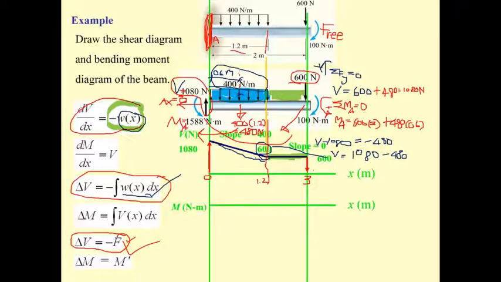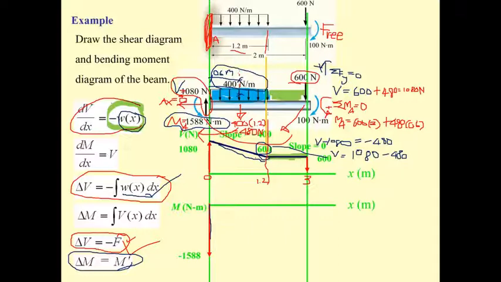And for the moment diagram again, now we have the 1558 here. That is the moment at the point A. That means we start by taking this, and since the moment here is counterclockwise, the value of the moment here is going to be negative. So it starts by minus 1588.